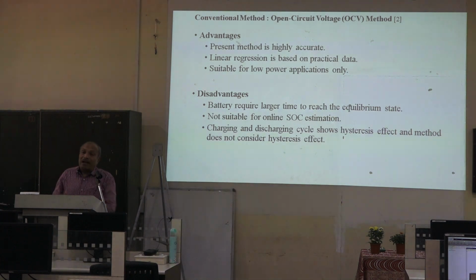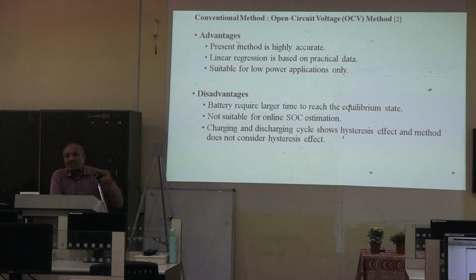And the last one is very important: the charging and discharging time required for these batteries is very high. If I use very large batteries, it goes to about 24 hours, and that time is not in our hand.